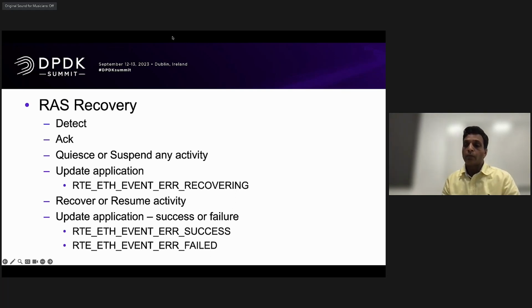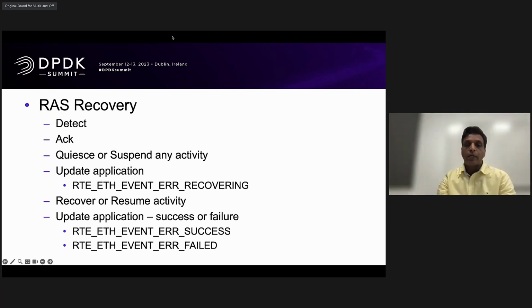During the recovery, the various components can gather information, as I said, about the various logs, the register dump, and whatnot for postmortem analysis. The PMD can update the application whether the recovery process was a success or a failure. The DPDK ethdev library already provides flags to indicate this status.